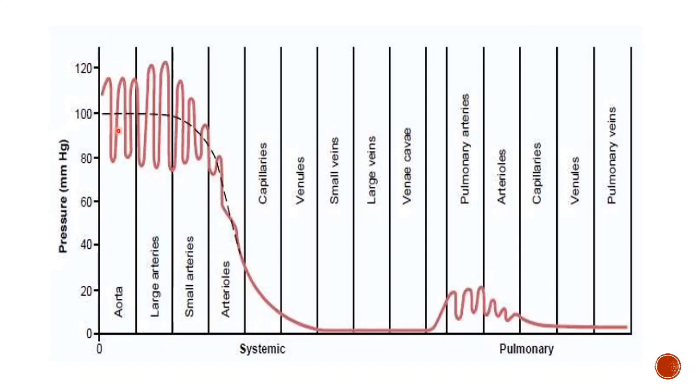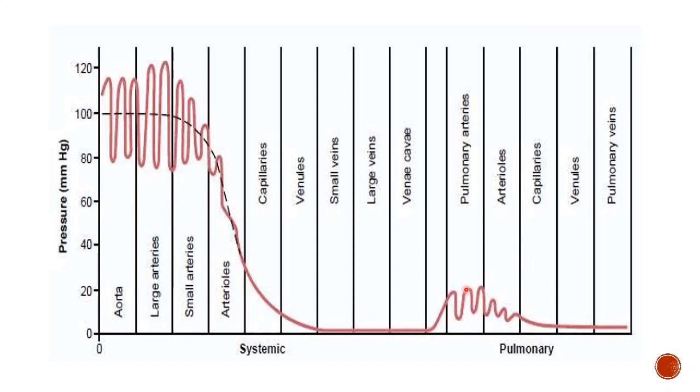Okay, so aorta, and then large arteries, small arteries, arterioles and capillaries, venules, small and large veins, and then vena cava. Till the arterioles the pressure is very high, and from the capillaries onward the pressure is gradually decreasing, and on the venous side the pressure is near zero.